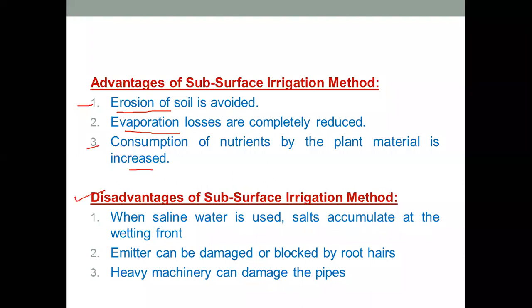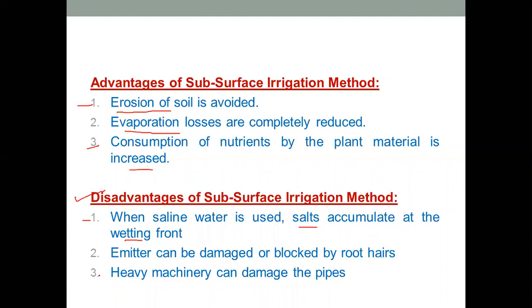Next, we'll see the disadvantages of the subsurface irrigation method. There are three disadvantages. First, when saline water is used, salts accumulate at the wetting front.